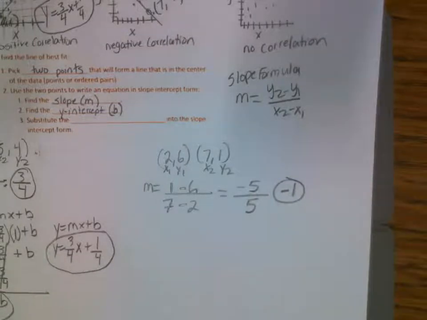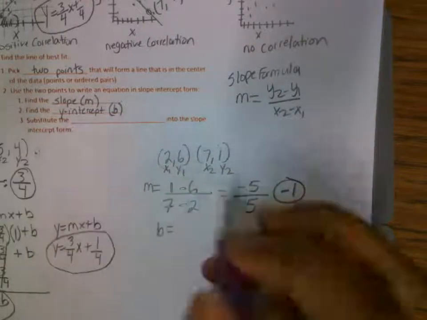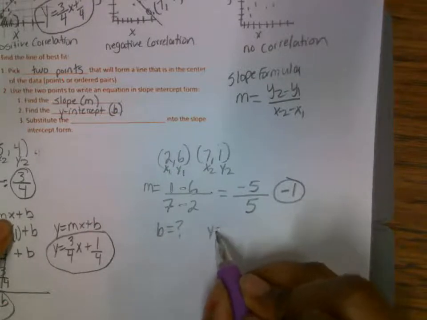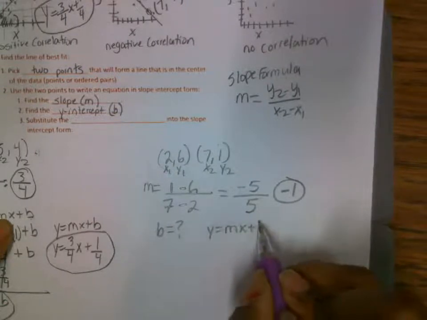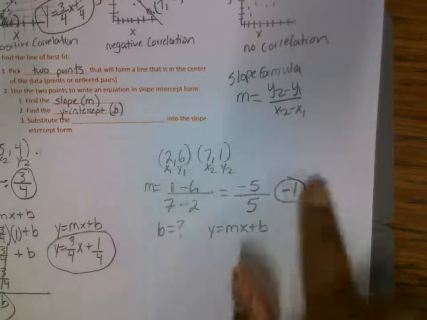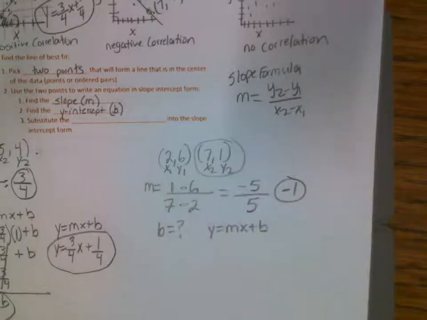And I'll pause real quickly to make sure that you have this copy. All right, let's find b. B is missing. That's the second step. To find b, you're going to use the slope-intercept form, just as we've talked about, y equals mx plus b. And you're going to pick one of the points. I'm going to choose 7 and 1.